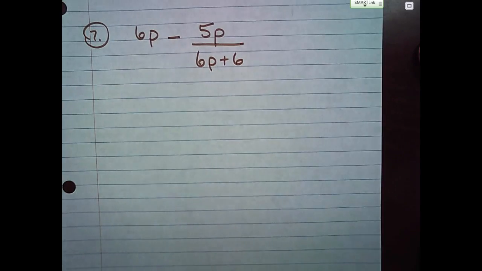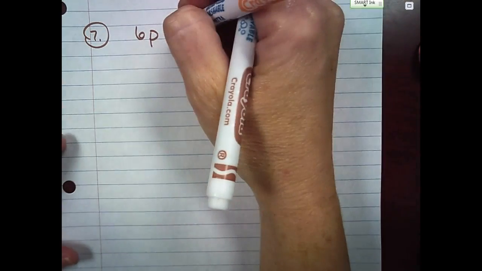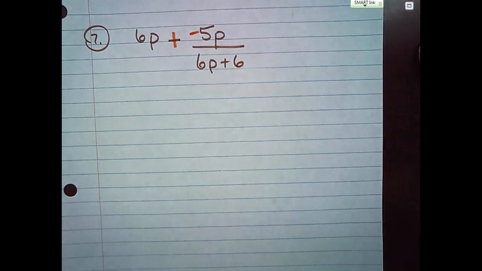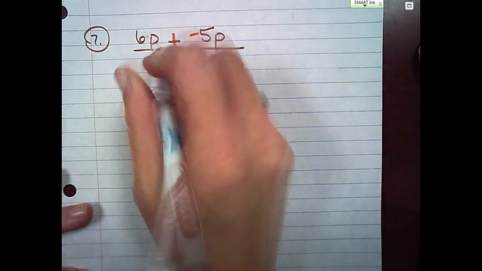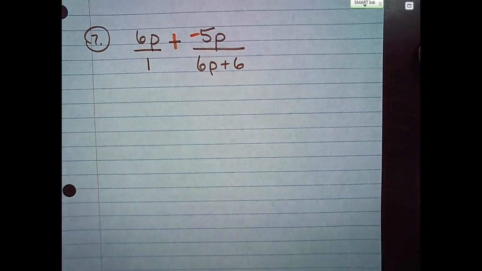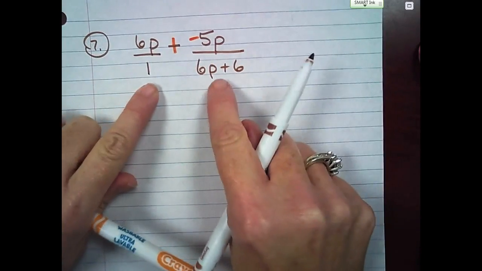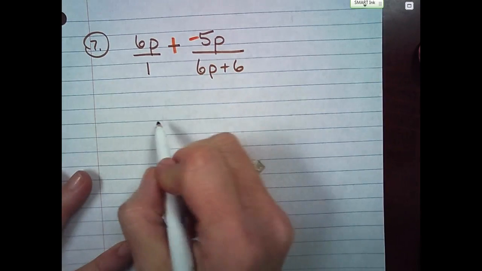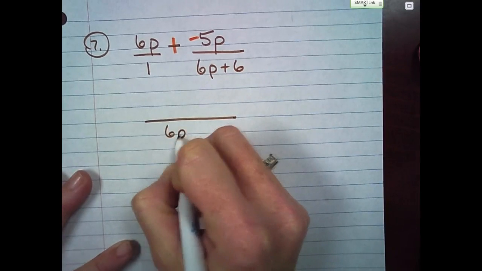First thing, I would take the subtraction, turn it to a plus, and move it over, because if you accidentally forget that 5p is negative, it'll throw you off. Now I'm going to put this over 1, to keep it simple, so we'll have two fractions. If I have a 1 and a 6p plus 6, what's my common denominator going to be? Yeah, 6p plus 6.